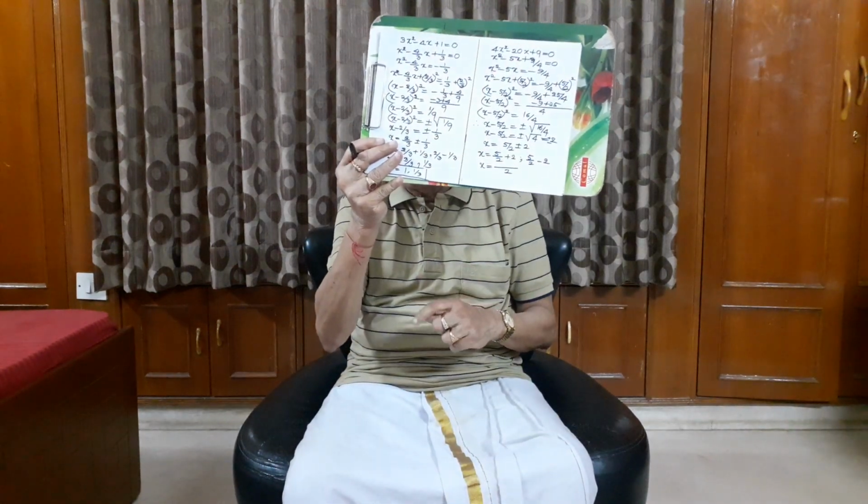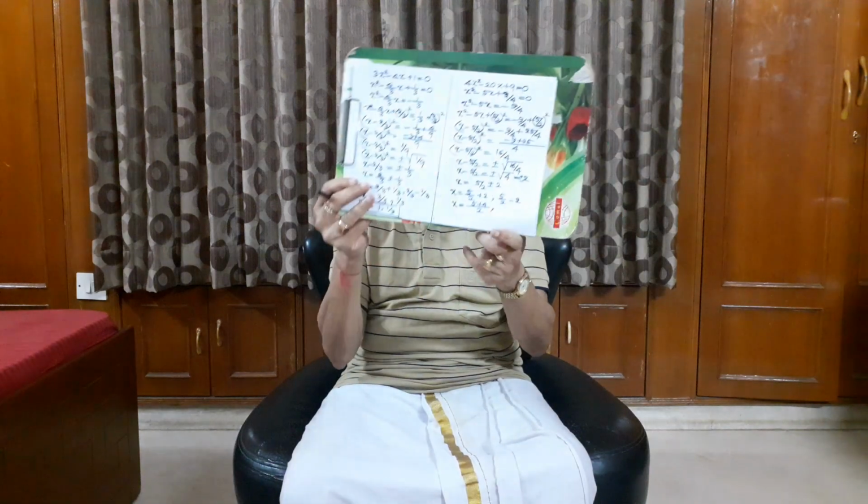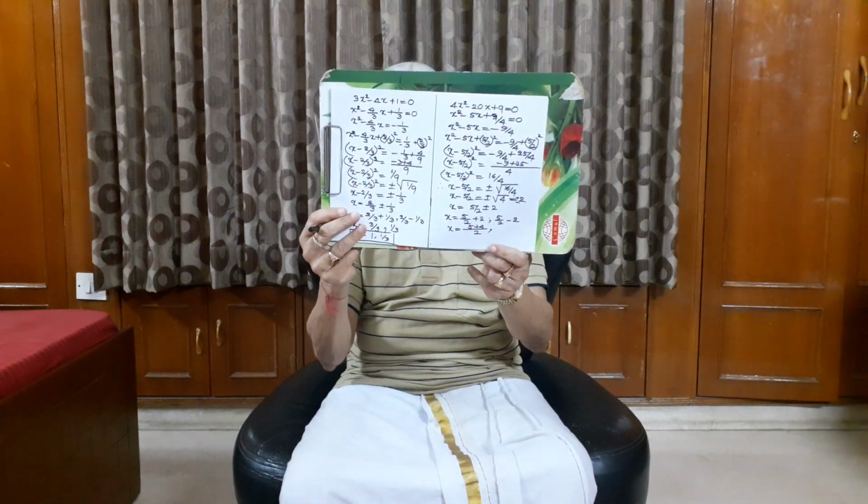So, what is the LCM there? 2 is the LCM. Then what do you get? 5 plus 4 in the numerator, since 2 twos are 4. 5 plus 4 by 2. Please understand how to take LCM. You know it, elementary things. Then once again, LCM is 2.